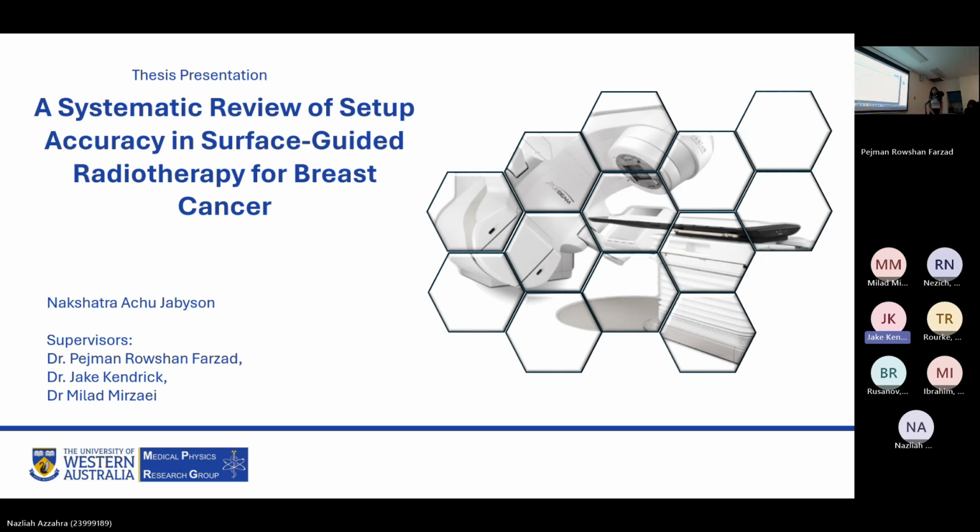In lumpectomy, only part of the breast is removed, and in mastectomy, the whole breast is removed. And then comes radiotherapy, which is used to remove residual cancer cells. In lumpectomy, the whole breast or partial breast is irradiated, and in mastectomy, the chest wall, and it can include lymph nodes as well.